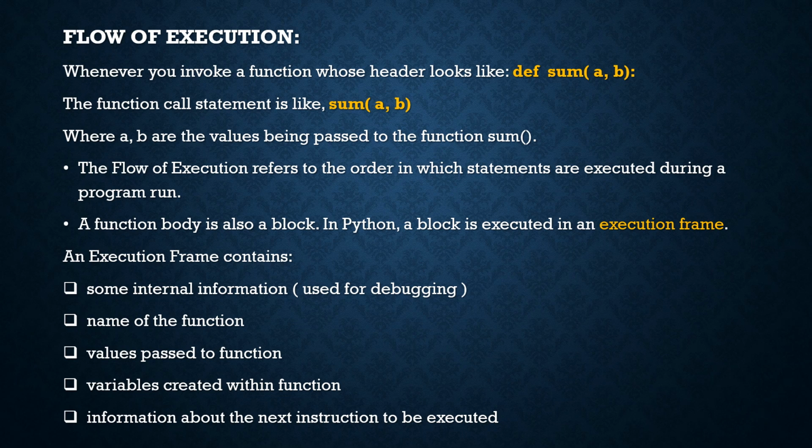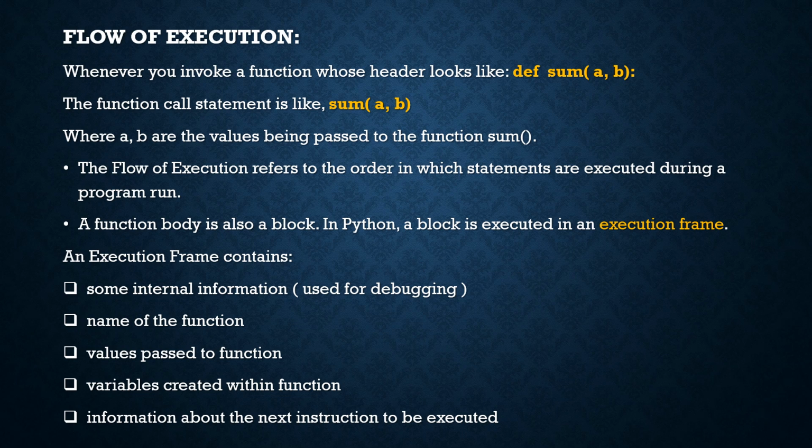An execution frame contains some points. First, some internal information used for debugging. Here debugging means error detection and error correction. Next, the name of the function should be specified here.